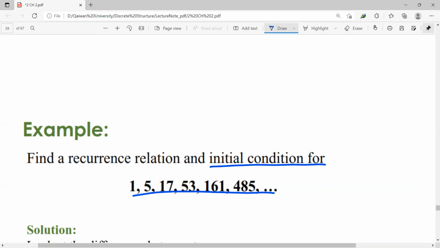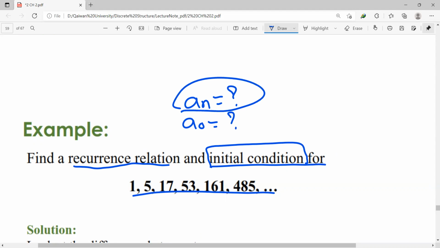We should find the initial condition, that means A1 or A0. We should find A0, and also the recurrence relation. What's AN? AN equals what? AN should be a formula, but A0 must be a number.